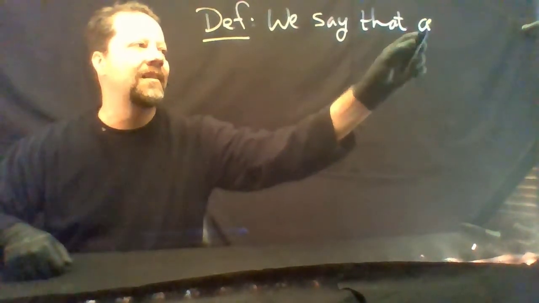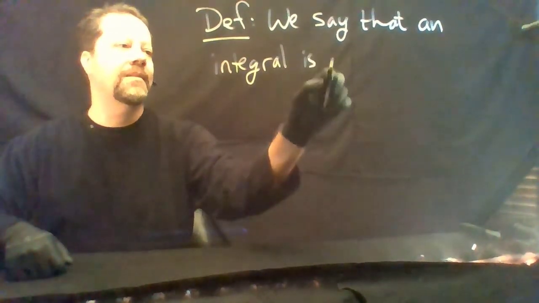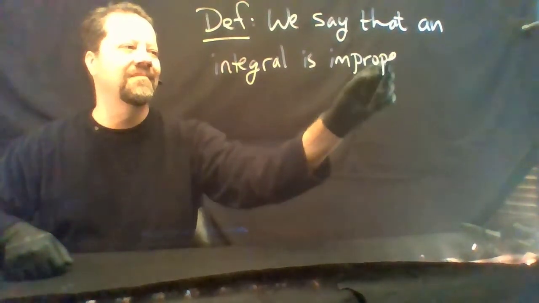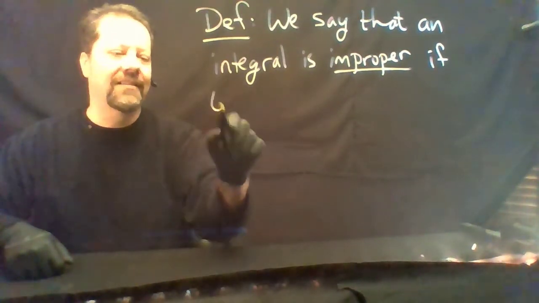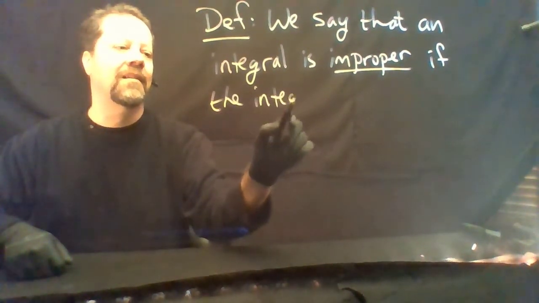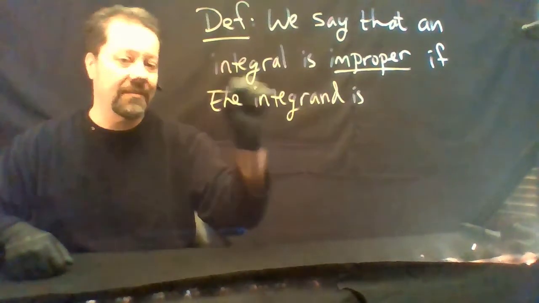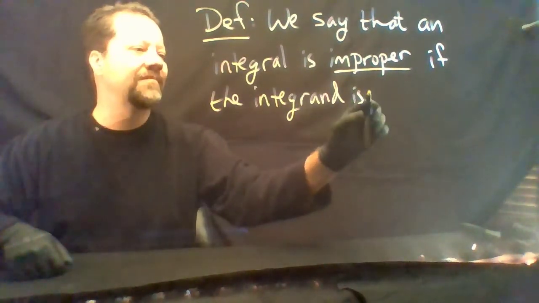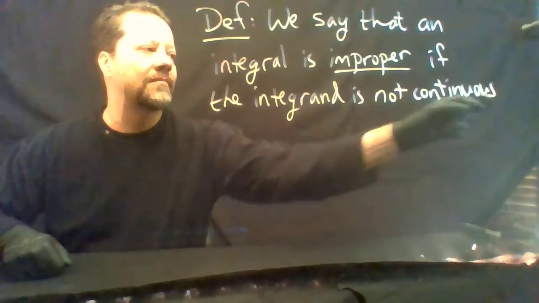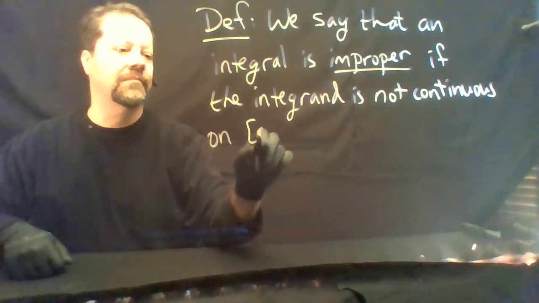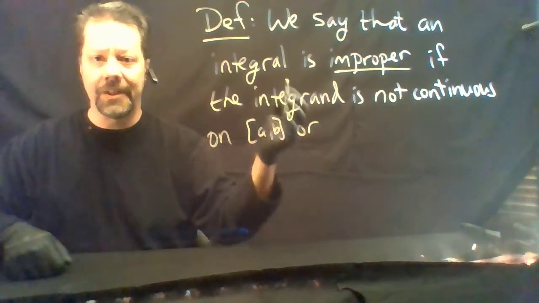We say that an integral is improper if the integrand is not continuous at some point on the closed interval from a to b, or one of the limits of integration is plus or minus infinity.